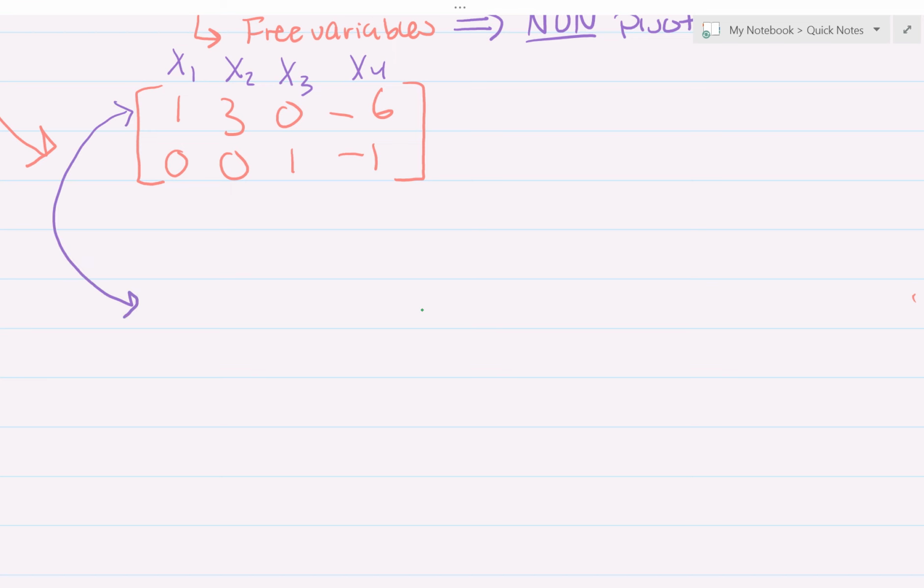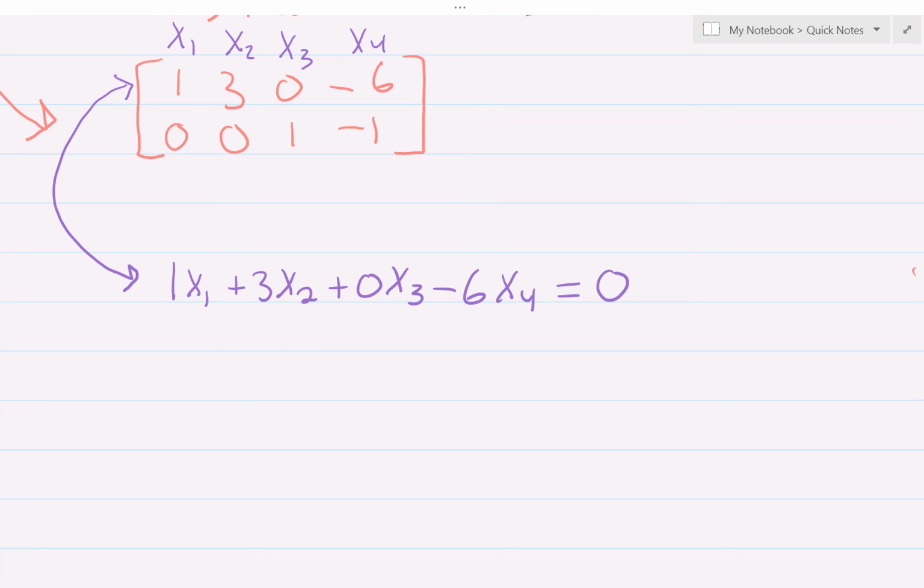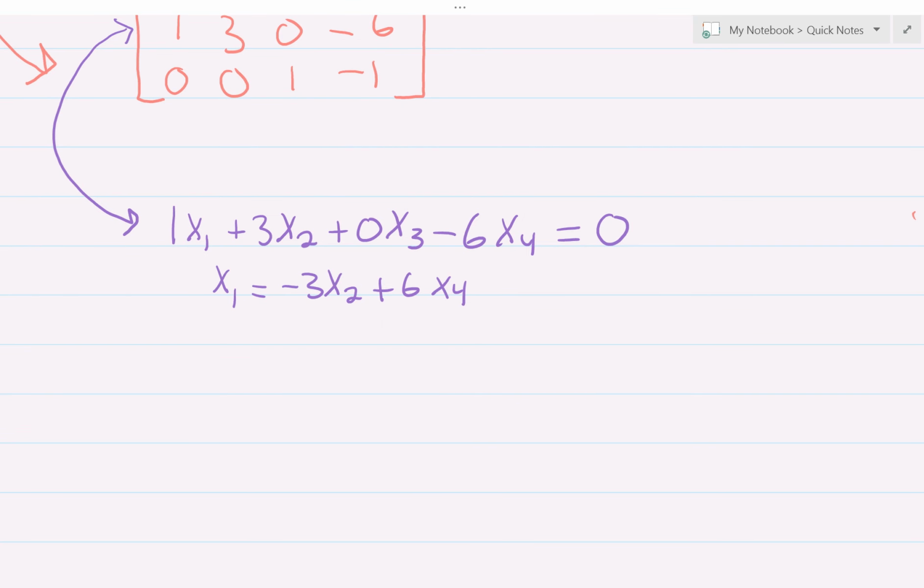This row is saying that 1x1 plus 3x2 plus 0x3 minus 6x4 equals 0, because it's a homogeneous system. Since we want to solve in terms of our free variables, we want those on the right side of the equation. So I'm going to solve for x1: x1 equals negative 3x2 plus 6x4. Now our free variables are on the right side.